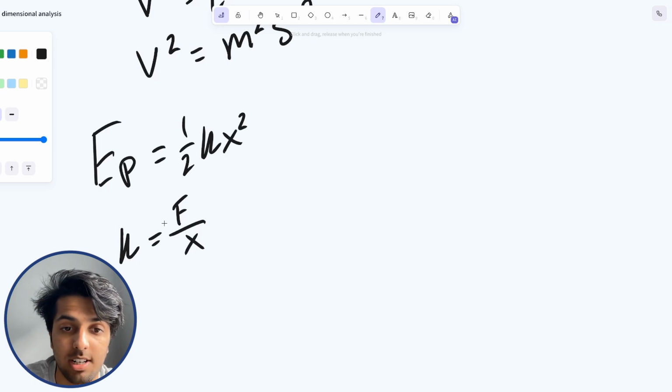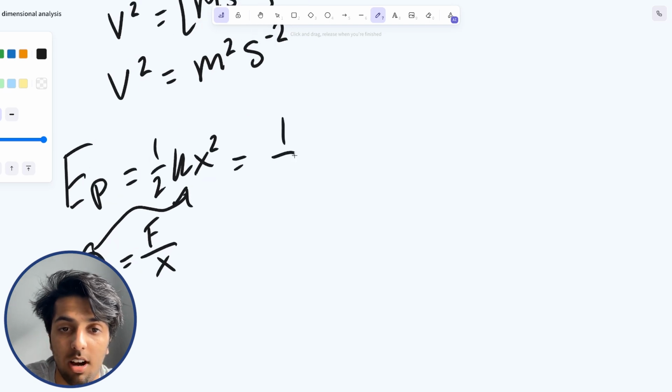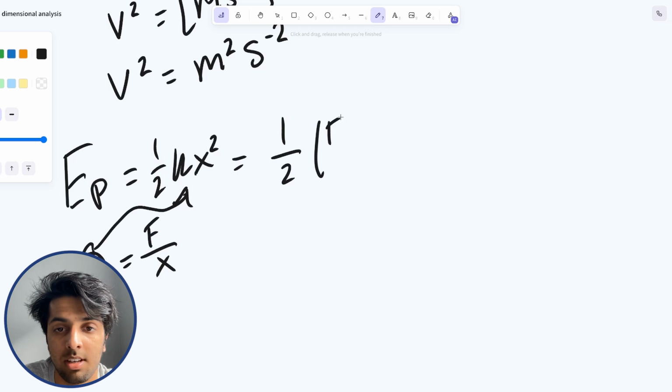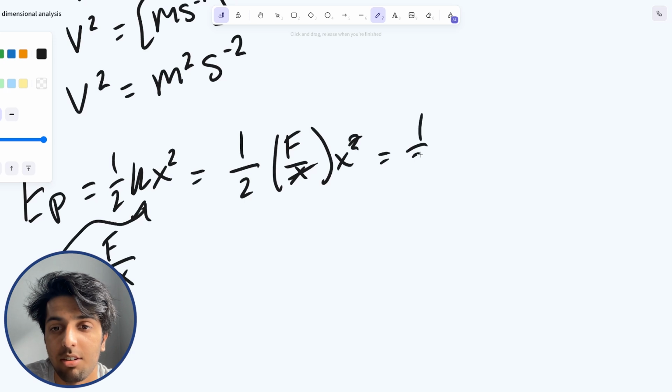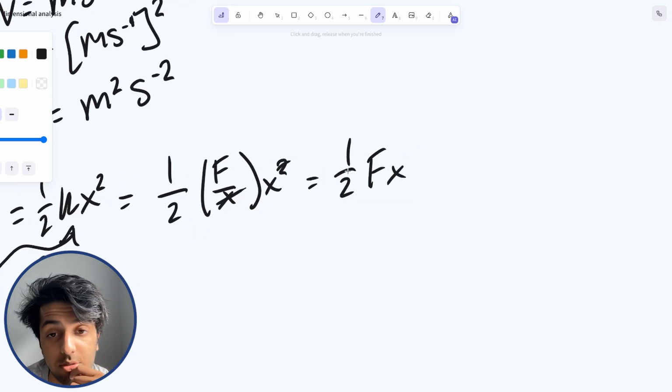So we can rewrite this equation, subbing this in to here. We can simplify this to half Fx times x squared. This cancels out with this, and we get half Fx. Doing the dimensional analysis for this, we again ignore the half because we ignore constant multipliers.